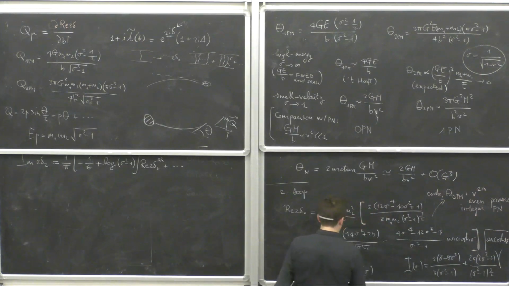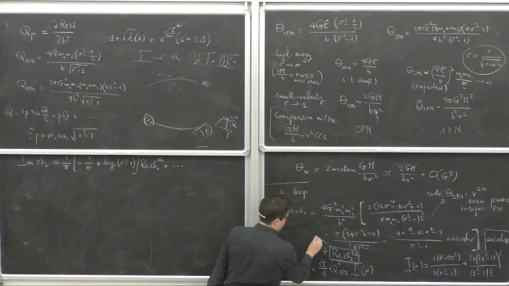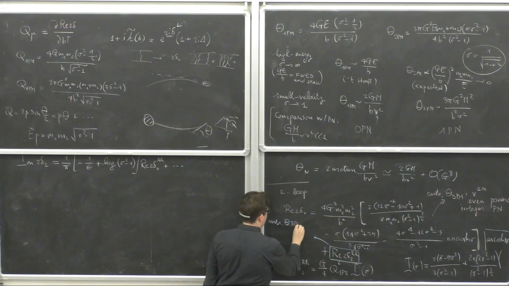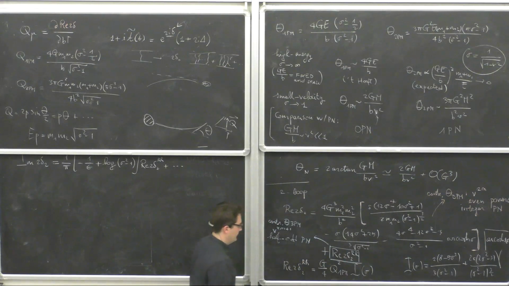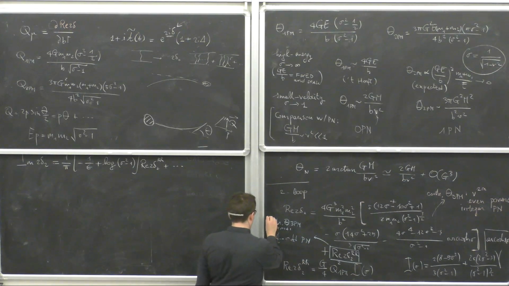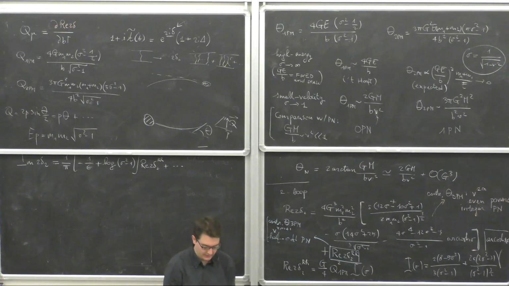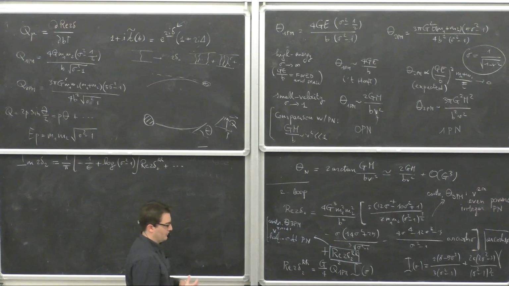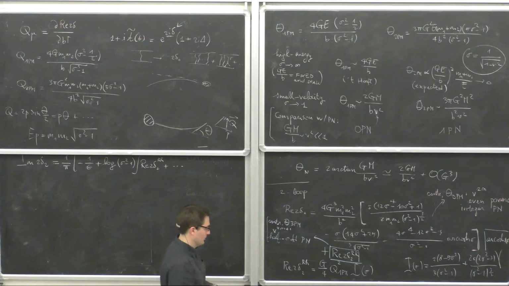And then there is a different piece, this guy over here, which instead behaves in a different way. This contributes to theta 3PM by corrections that are odd in the velocity, so half-odd PN contributions, and this, with different efforts, has been identified as a dissipative effect, which comes in particular due to the fact that the two-body system interacts with the gravitational field and loses a little bit of energy and angular momentum.